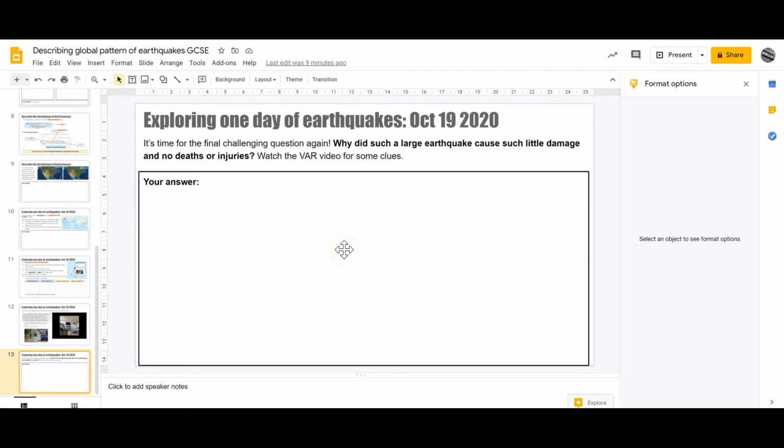Again, get some information from the map. Go and find stuff out and impress me with the stuff you put down there. How far away it was from any bigger settlements. And thirdly, how deep it was, and why don't you throw a wee comparison in there to California in the same day? There's your opportunity really to show me some really cool stuff and really good thinking.